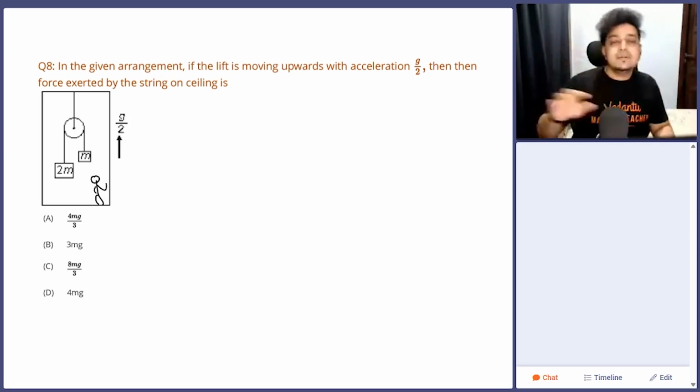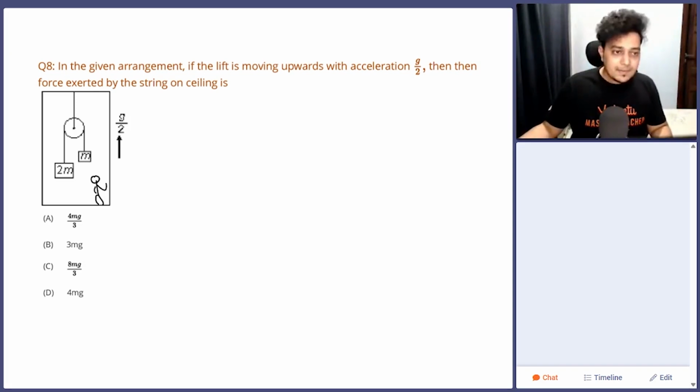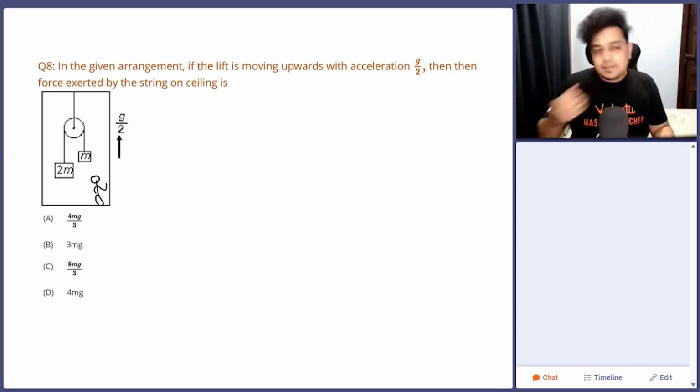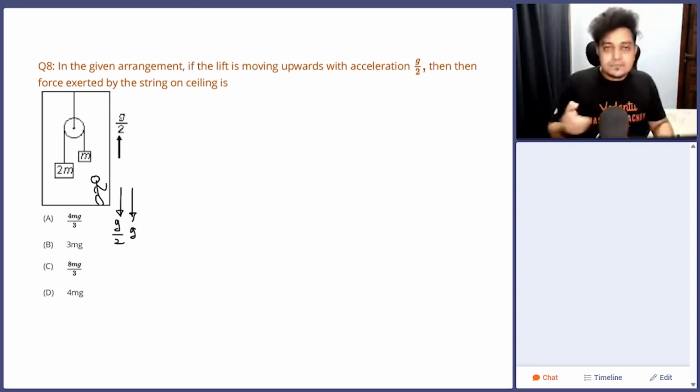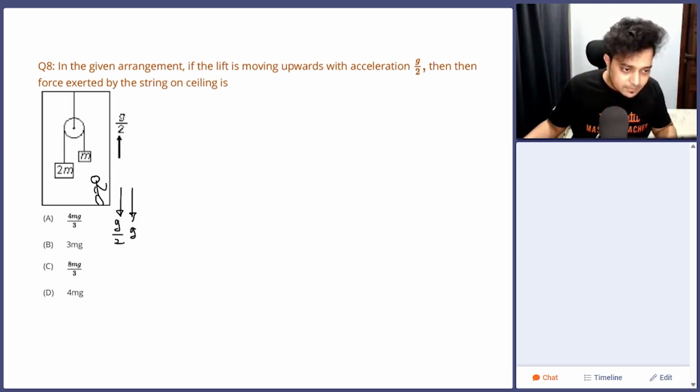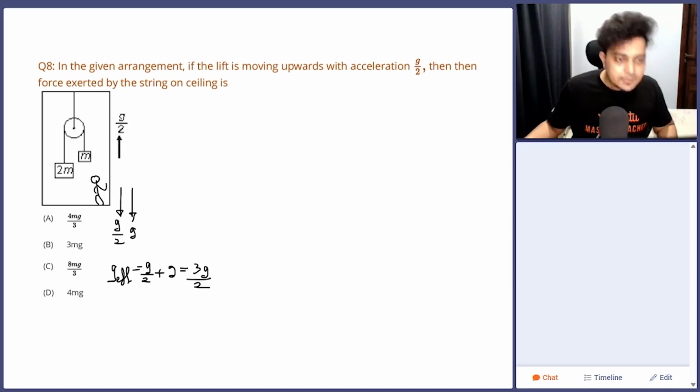So here we have to consider a fake force called pseudo force. Correct? So pseudo force will be downward, because of which you will get a pseudo acceleration. The real g is already downward. So the effective g will be g/2 plus g, that is 3g/2.